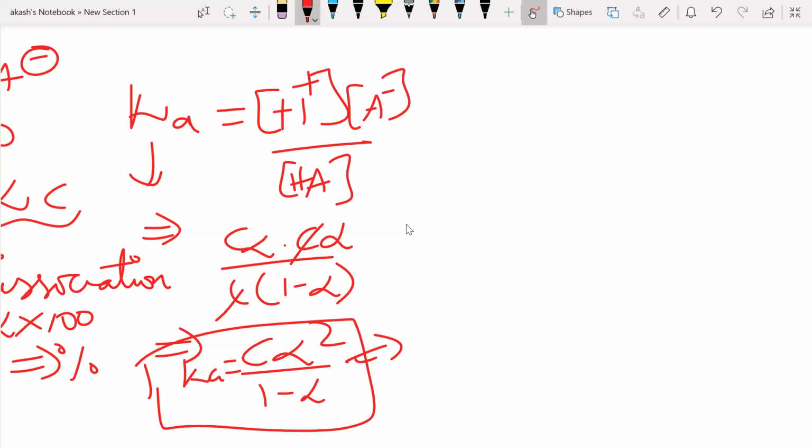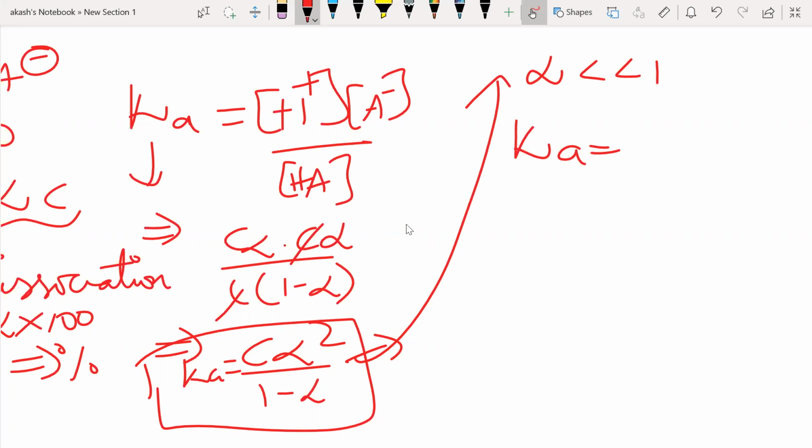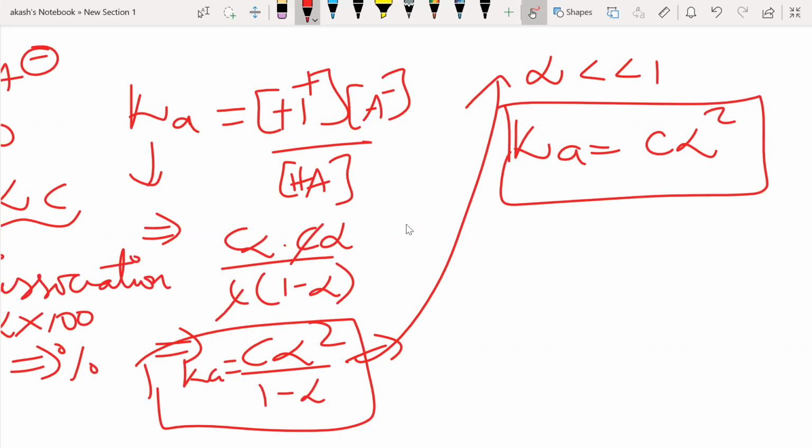If the alpha value is very, very much less than 1, I can directly write Ka as C alpha squared. And 90% of times you will be using only this equation and not the other one, because it is easier for our calculation purposes. So mostly you will be using only this equation: Ka is equal to C alpha squared.